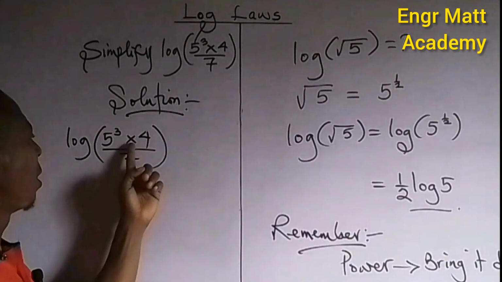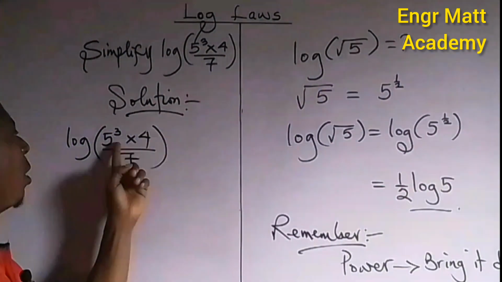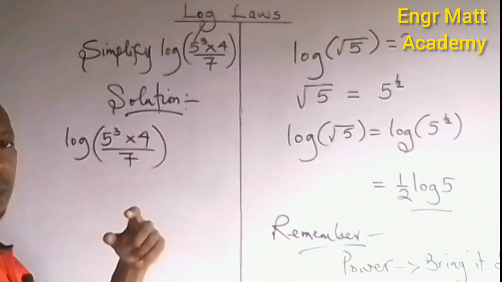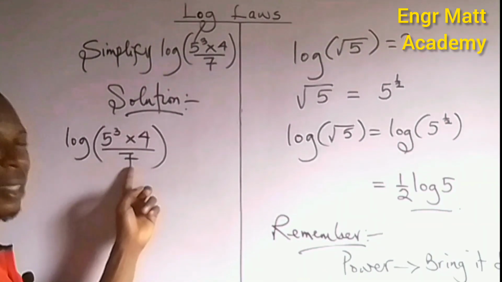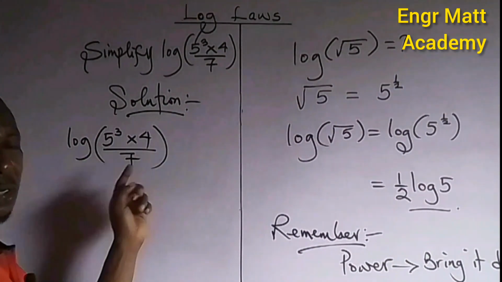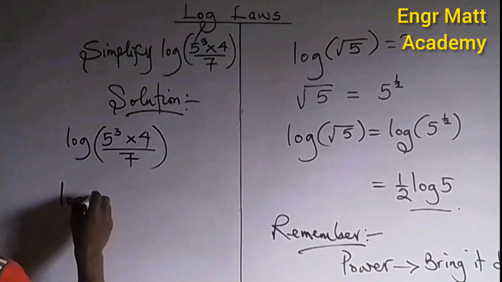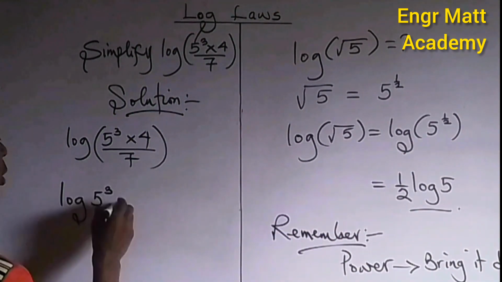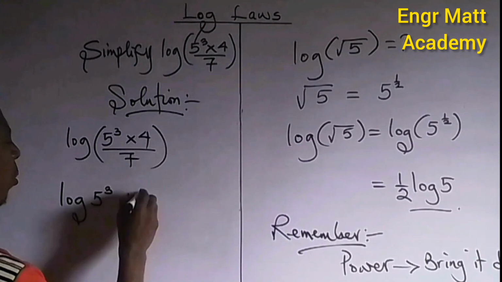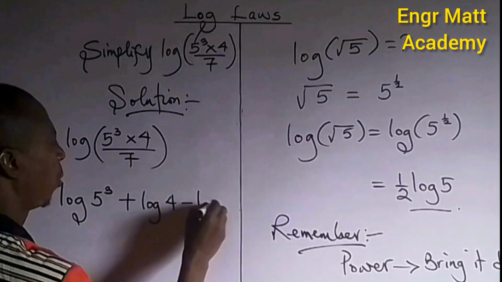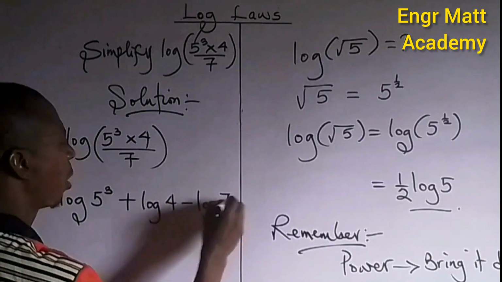We use addition to separate the multiplying numbers, and we use subtraction to separate the number that is divided. So let's do that. We now have log 5 to the power of 3 plus log 4 minus log 7.